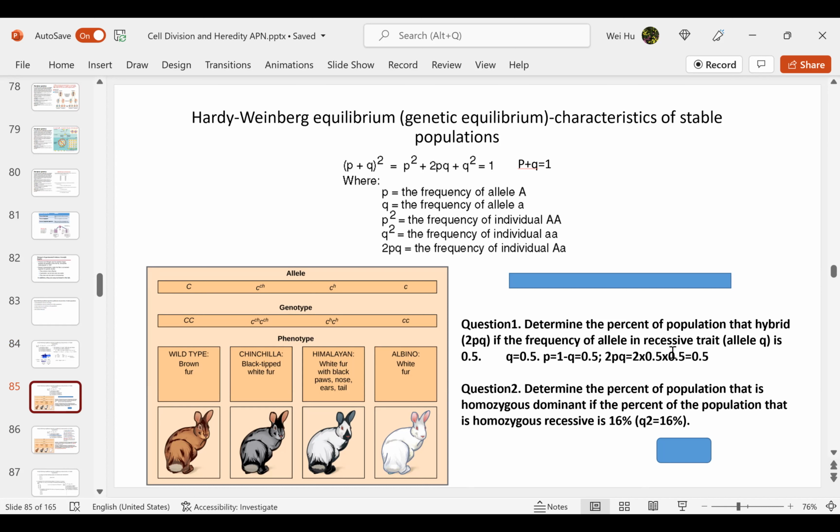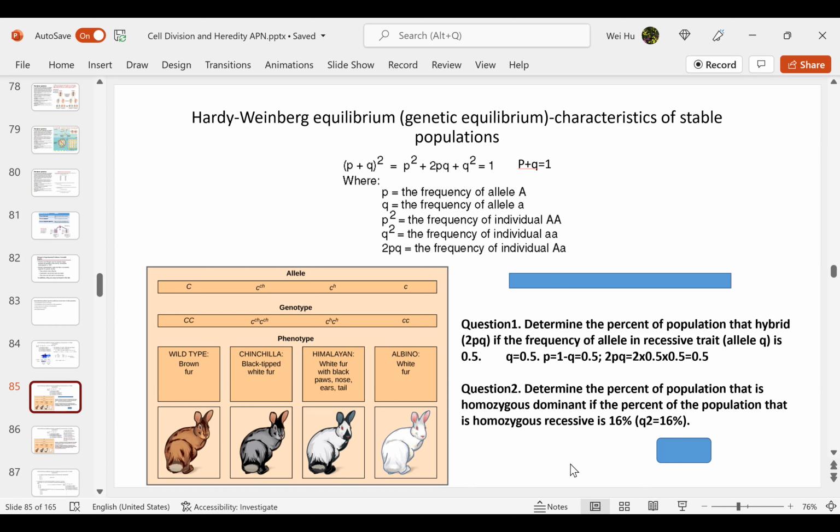The frequency of the recessive allele is 0.5, so this gives you the information that Q is 0.5. According to P plus Q equals 1, your P will also be 0.5. Then they ask you what is 2PQ. So your 2PQ will equal 0.5. Okay, so mathematically it is really simple, but the concepts are extremely important.